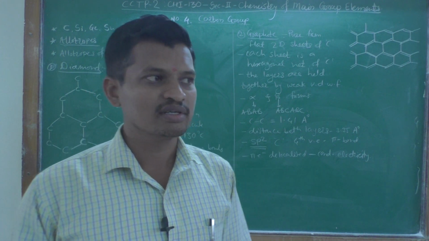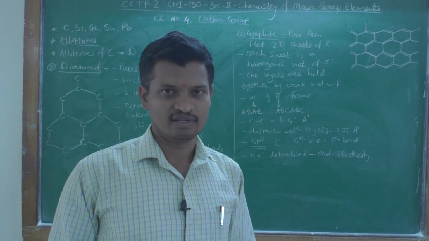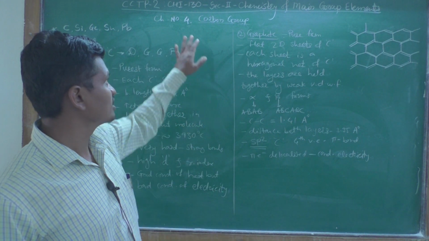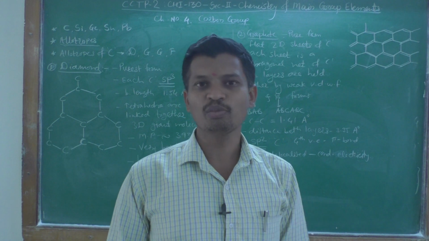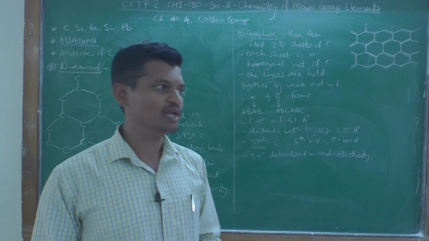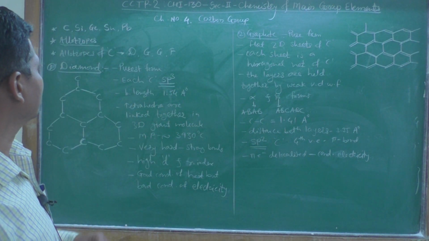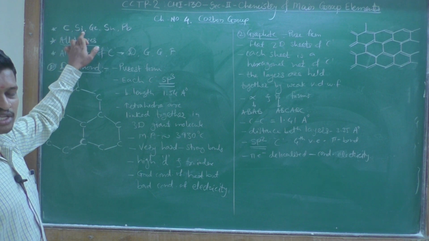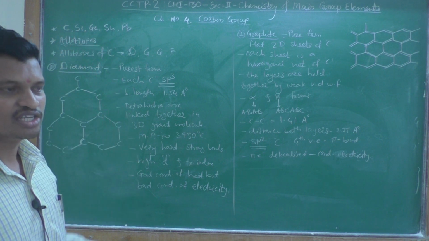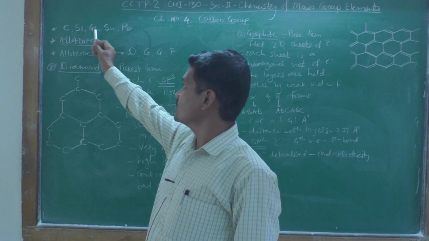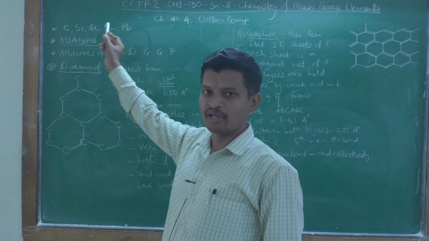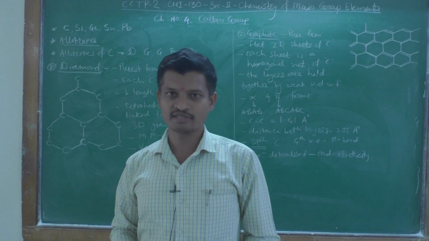Today we are going to start the fourth chapter, that is carbon group elements. Mainly 5 elements are there: carbon, silicon, germanium, tin and lead. So C, Si, Ge, Sn and Pb are the symbols of these elements.